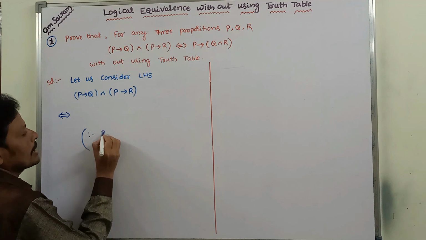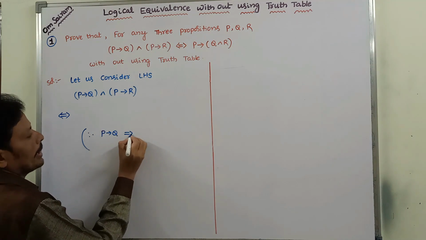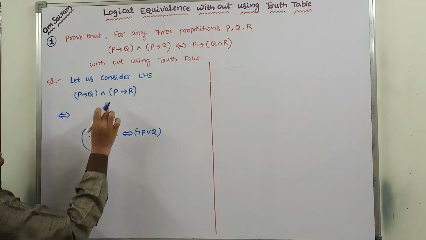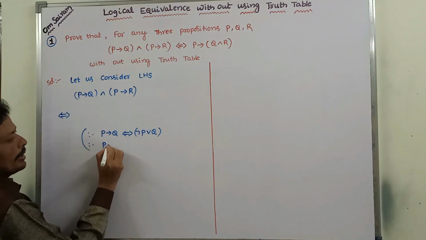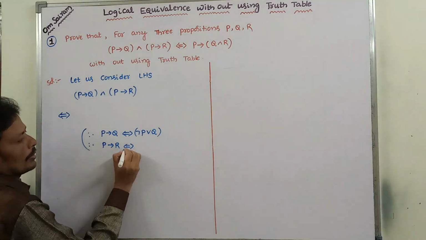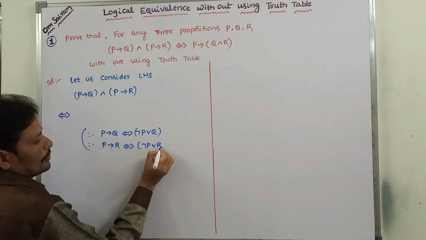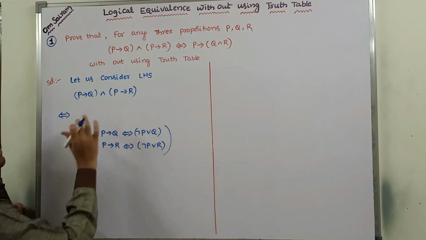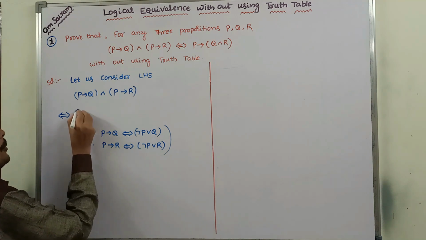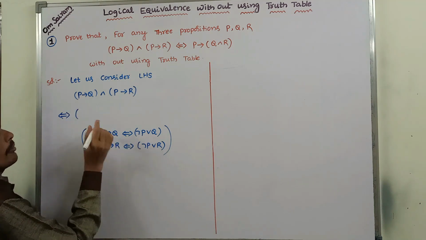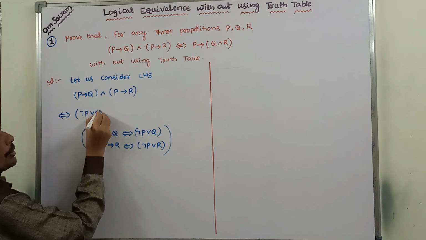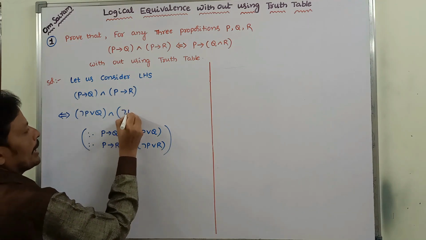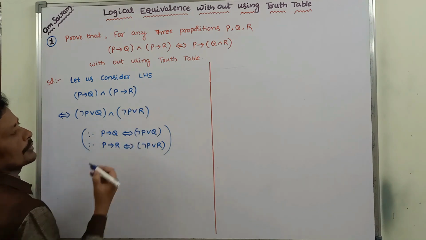P → Q is logically equivalent to ¬P ∨ Q. Next, P → R is logically equivalent to ¬P ∨ R. So we have to substitute these two formulas: P → Q is equivalent to ¬P ∨ Q, and P → R is equivalent to ¬P ∨ R.